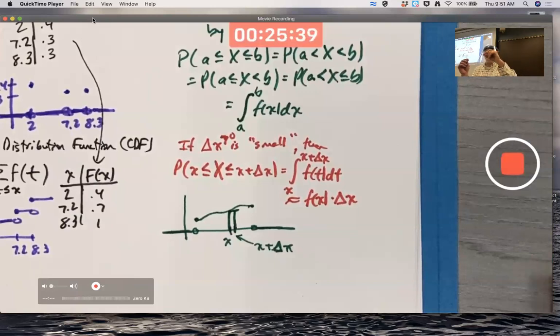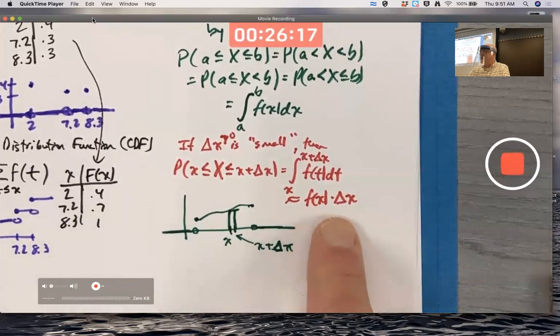I don't think you can make such a rod, but if its mass density near a point is like 2 grams per centimeter, and you cut out a little tiny chunk of it, maybe 1 millimeter long, 1/10 of a centimeter, really tiny, its approximate mass would be the density, 2 grams per centimeter, times the number of centimeters, 0.1. So it'd be 0.2 grams, 2 times 0.1.